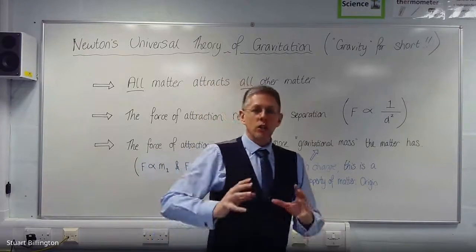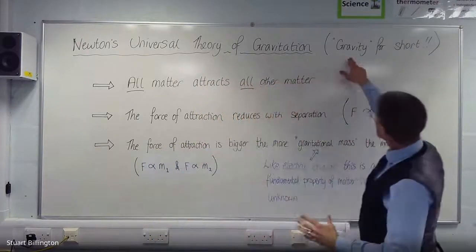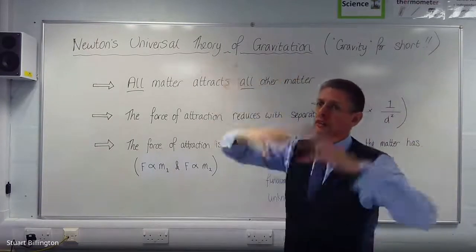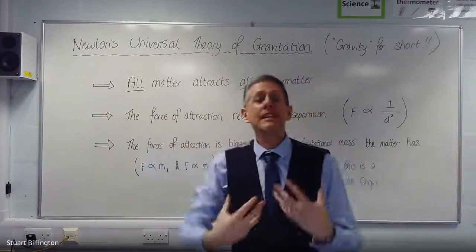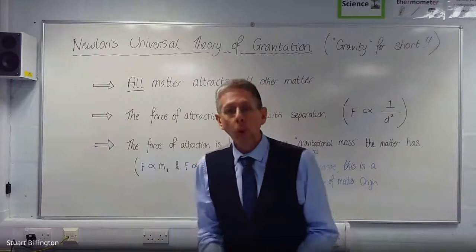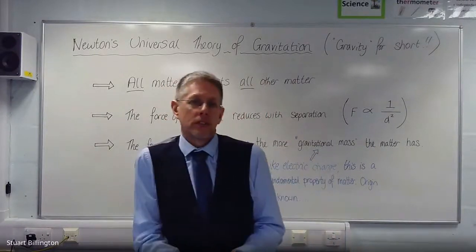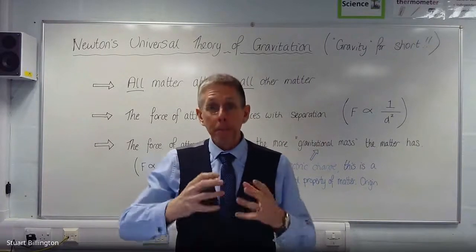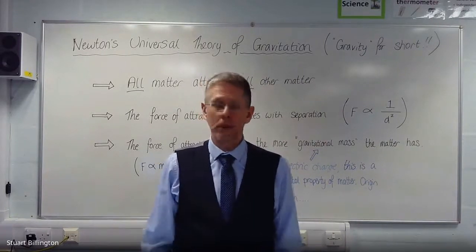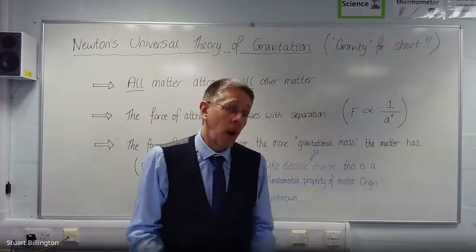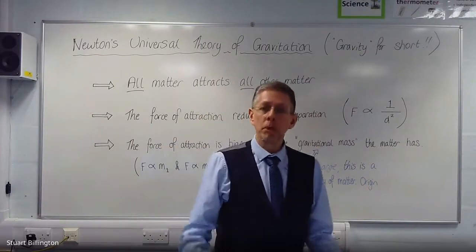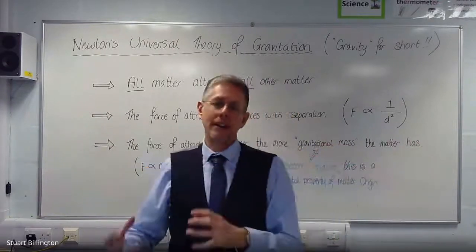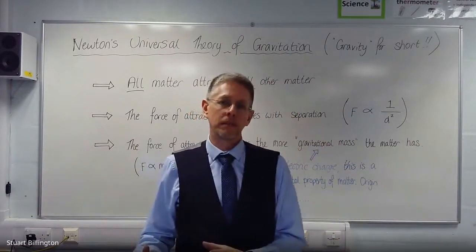So gravity, for short, Newton's universal theory of gravitation, to give it its grand name, is the idea that all matter is attracted to all other matter. It weakens with separation, but it's true no matter what the separation. And that's why the moon orbits the Earth, because the mass in the moon is attracted to the mass in the Earth.